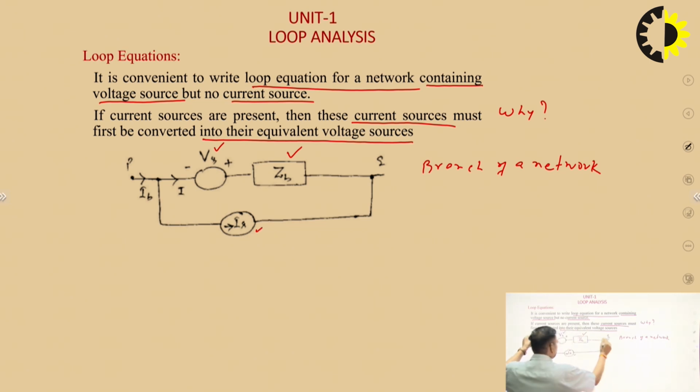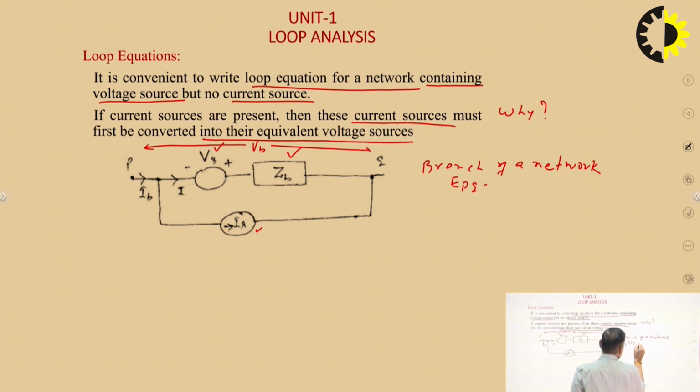These are the two points P and Q, and this is VB, the branch voltage between points P and Q. So we can say that EPQ is equal to VB. VB is the branch voltage, and this branch contains a voltage source Vs in series with impedance ZB and also a current source.